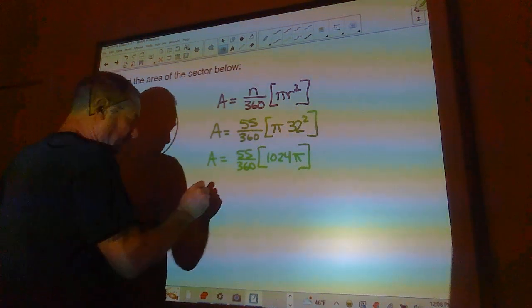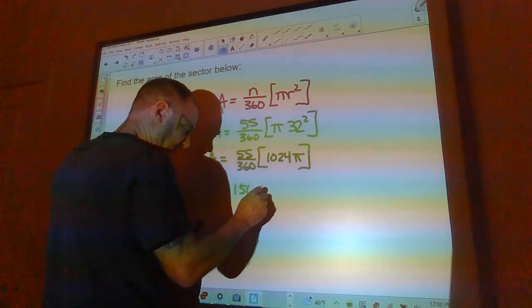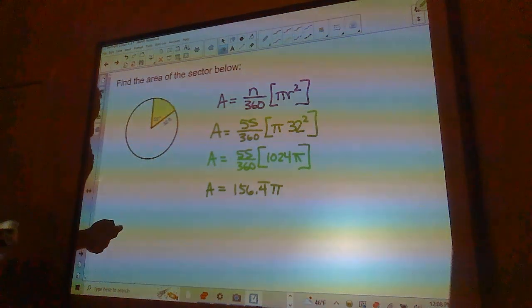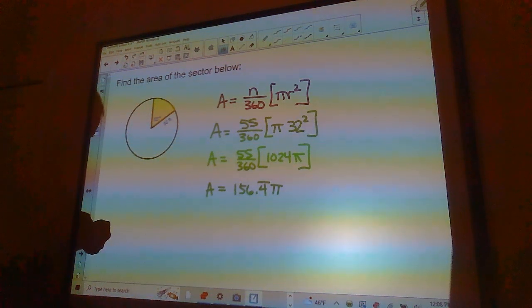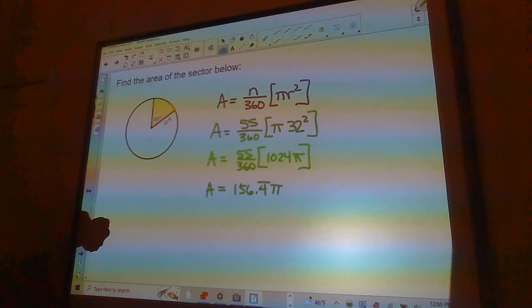It's going to be 156.4 repeating times pi. Let me make sure I did that right. I think I typed that in wrong. 1,024 divided by 360 times 55. Yep, that came out right.